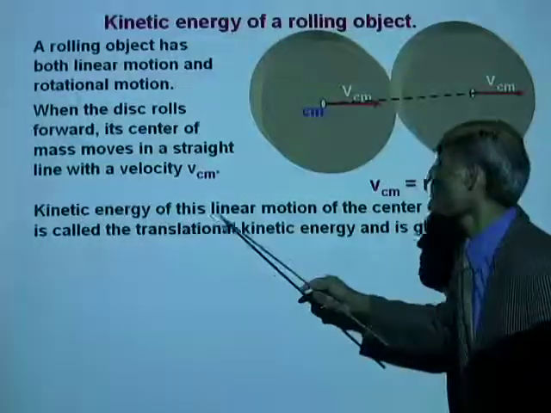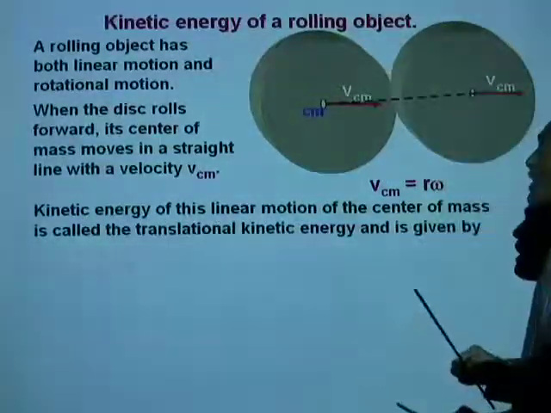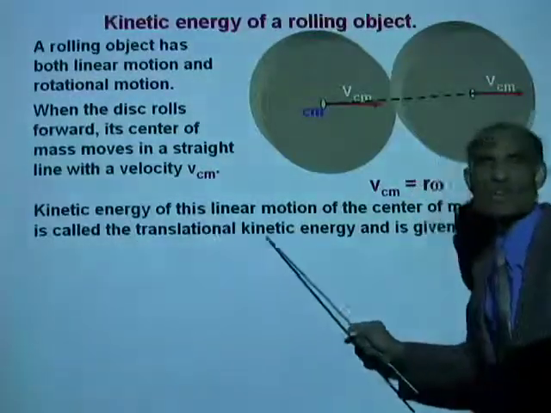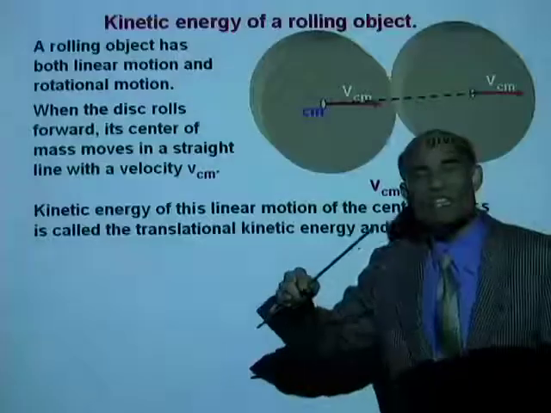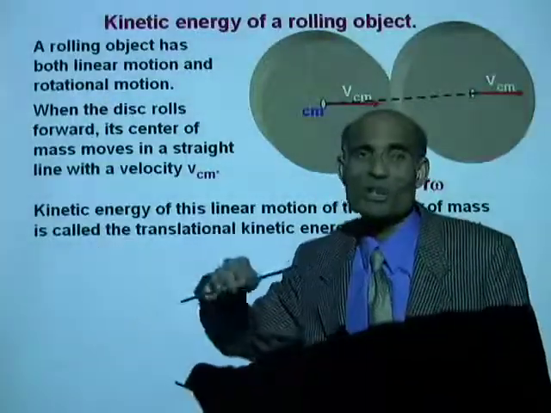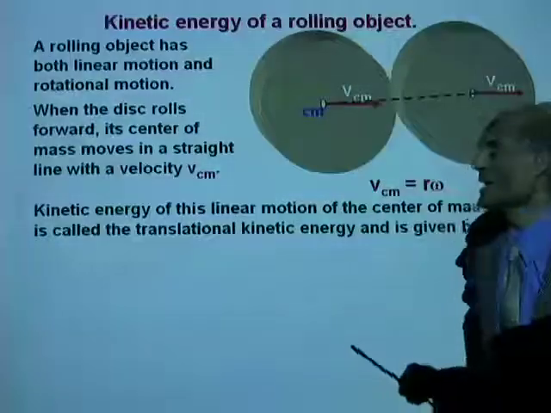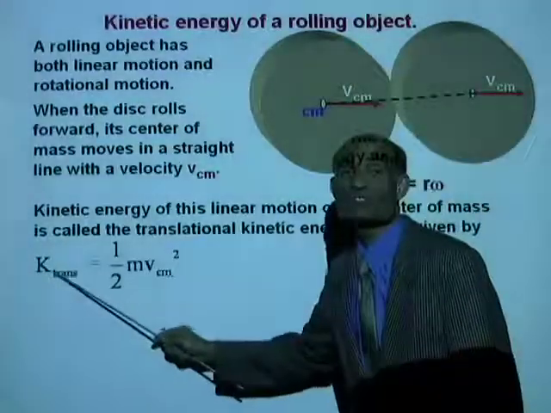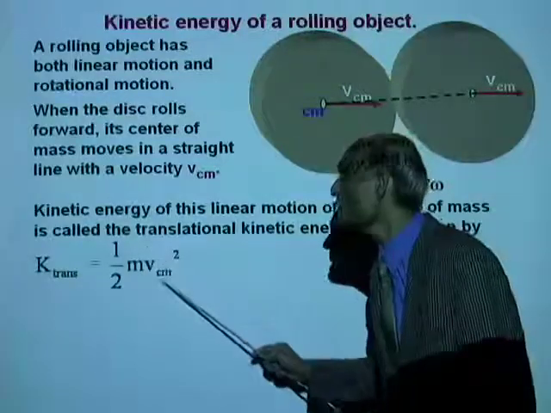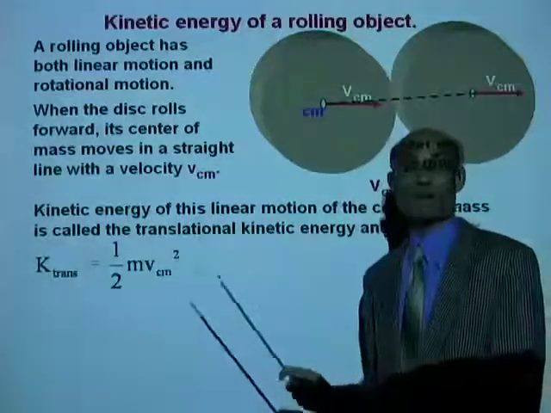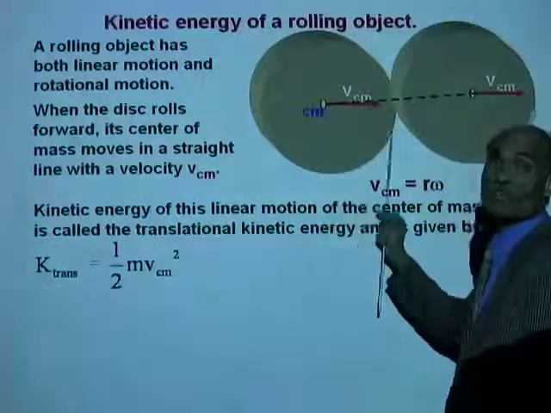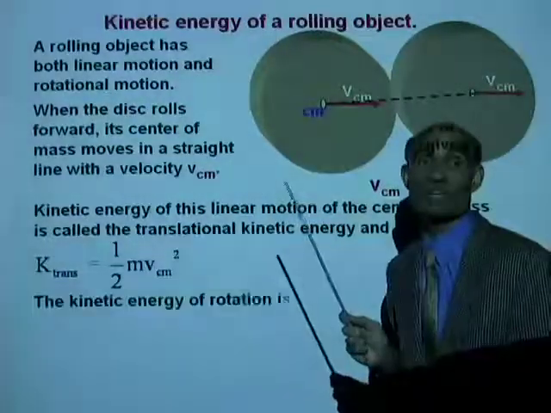The kinetic energy of this linear motion of the center of mass is called the translational kinetic energy, the kinetic energy of the disk due to its motion along the straight line. That is K translational equal to 1/2 m v center of mass squared, where v center of mass is the linear velocity of the center of mass.